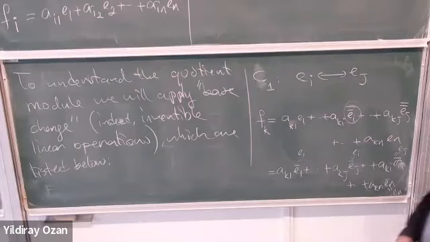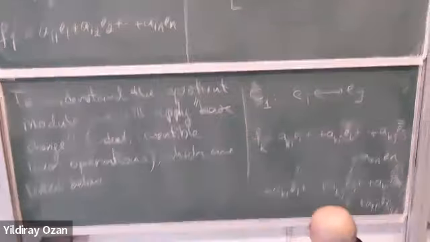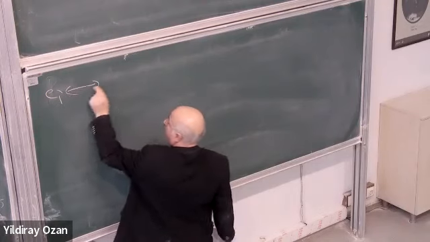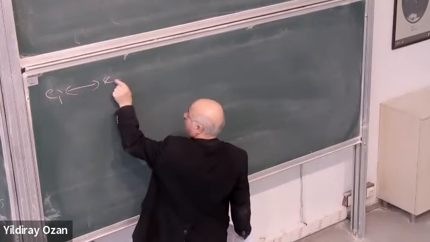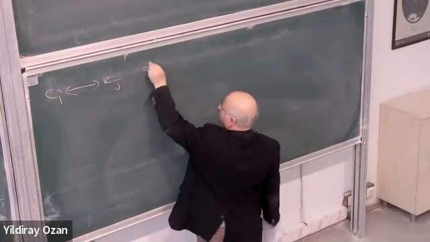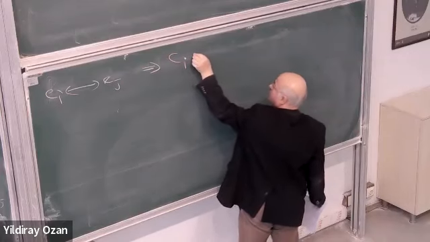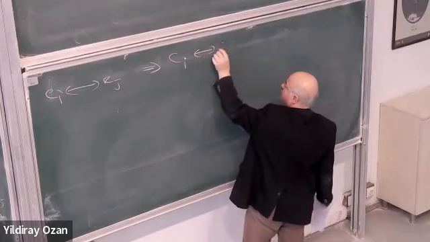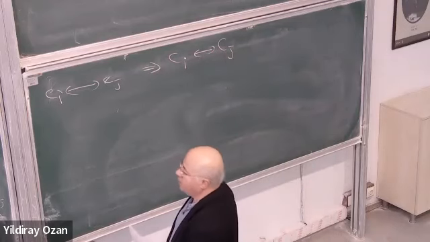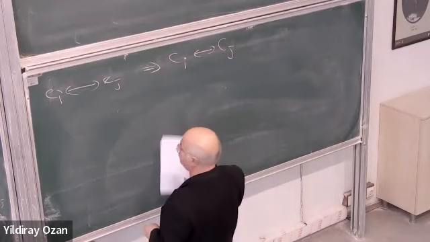So this operation here, interchanging ith and jth columns, will correspond to what: the ith column is interchanged with this jth column. Okay. This is the first operation, first column operation.